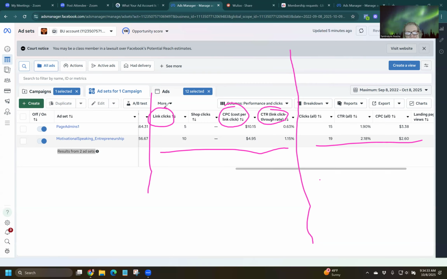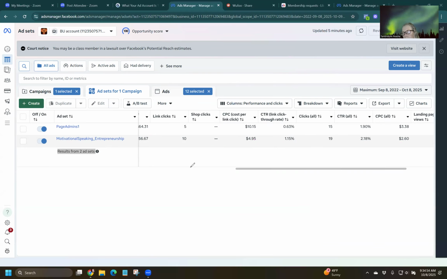This is the hard click to the call to action. So this number here is what I'm paying, this is the percent, and this is the link clicks. Again, this is figured out through what it's costing per thousand impressions, and then Facebook does the math.